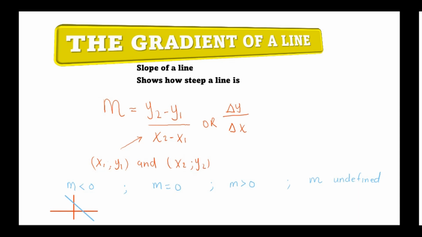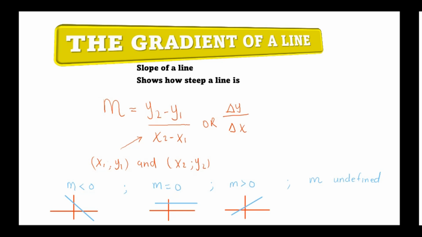Let's look at what would happen if your gradient is equal to 0. Your line would look like that. It would be a straight line that is parallel to your x-axis. And what would happen if your gradient is greater than 0? It would look like that.